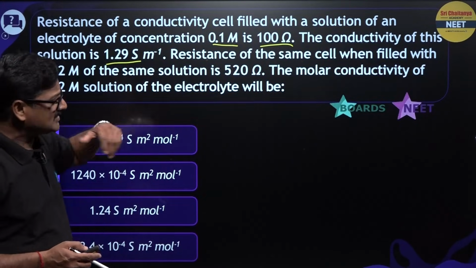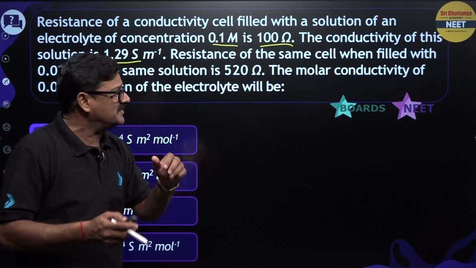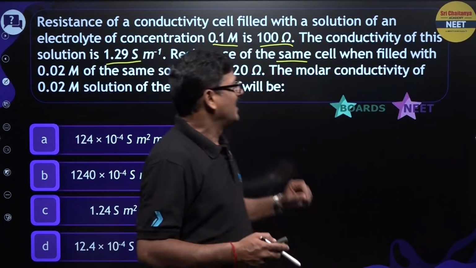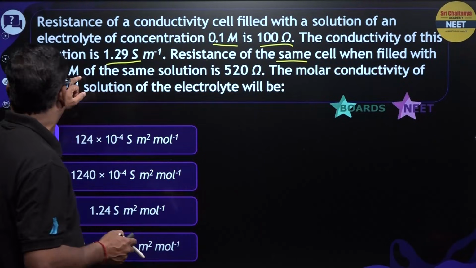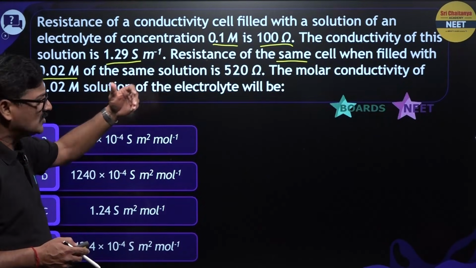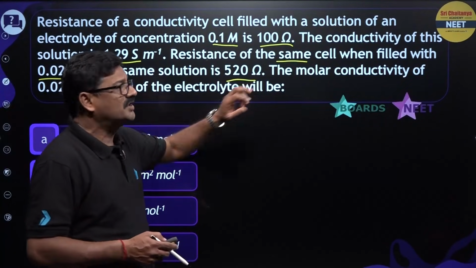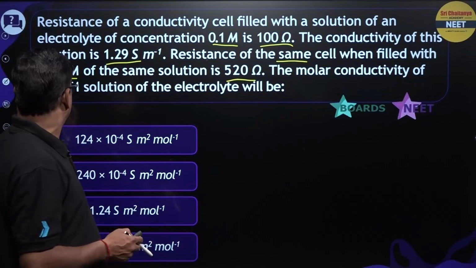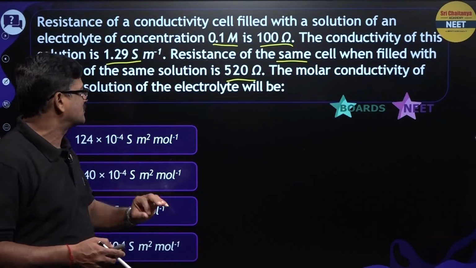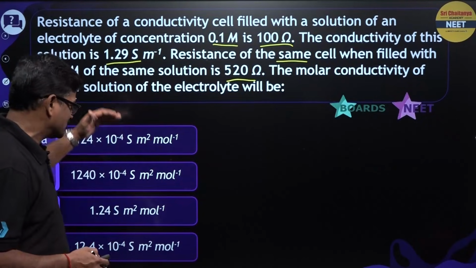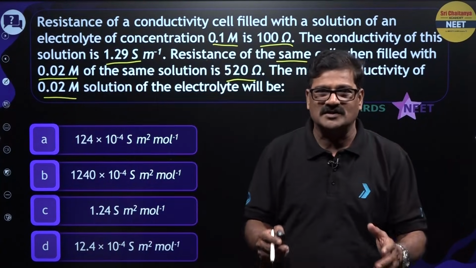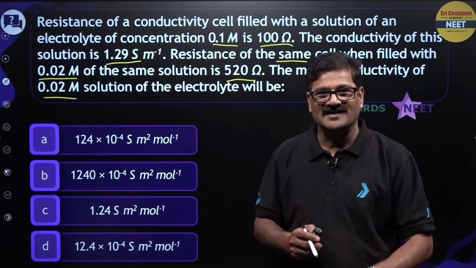Now the same cell, with the same cell constant, is filled with 0.02 molar of the same solution, and the resistance is 520 ohms. The molar conductivity of the 0.02 molar solution of the electrolyte will be, again options are given. You can do it the same way as the previous question. Make a try.